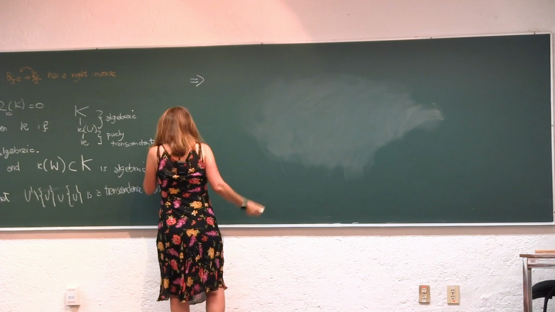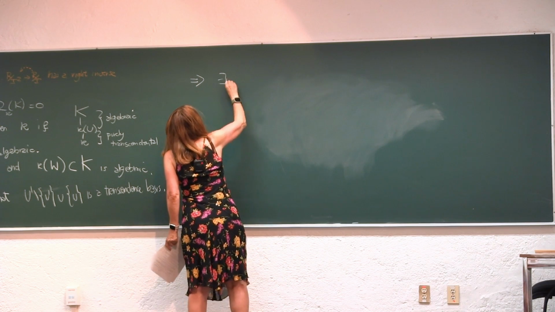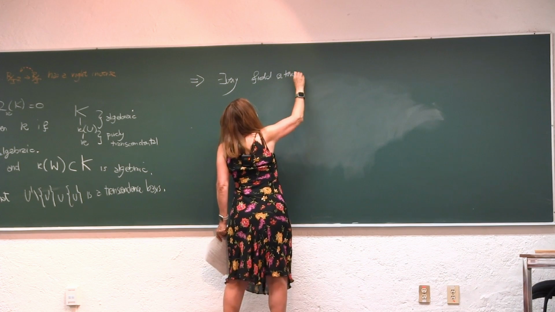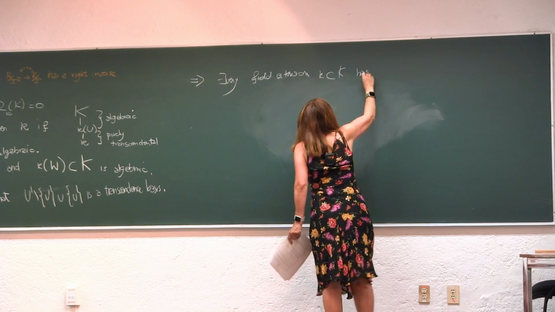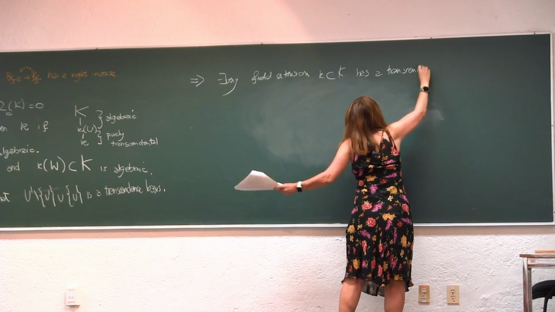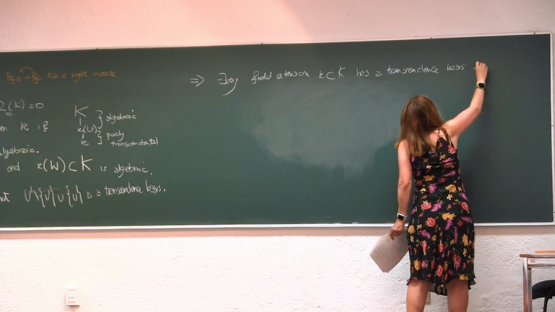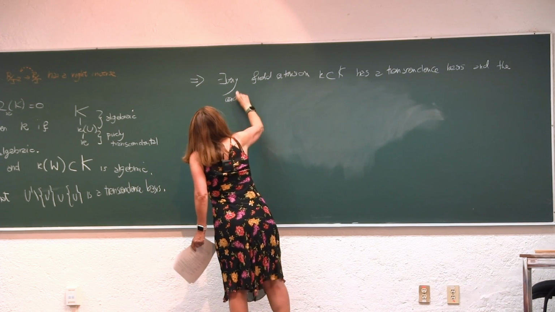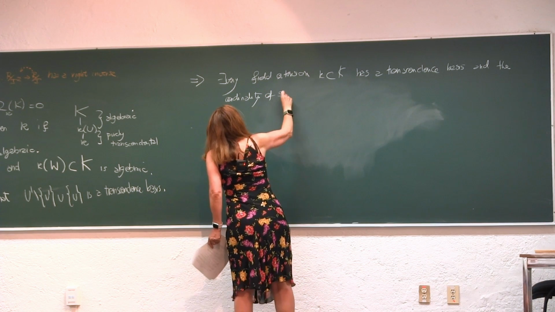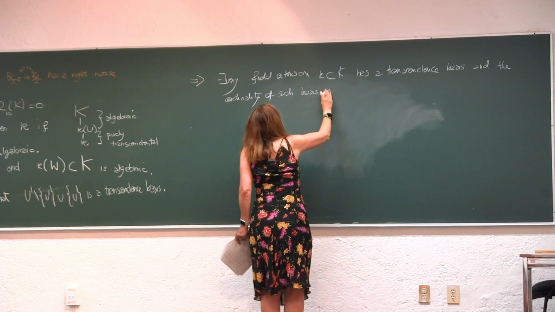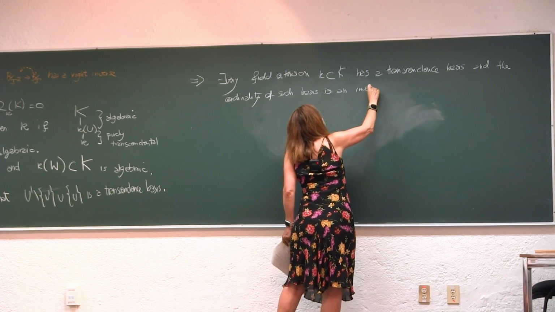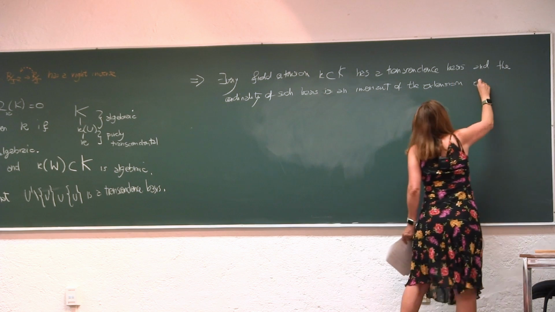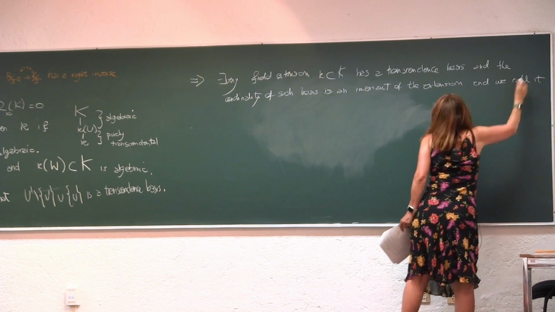So every field extension has a transcendental basis. It follows immediately. And the number of elements, the cardinality, of such bases is an invariant of the extension, and we call it the transcendence degree.